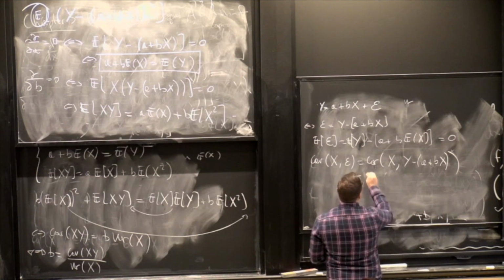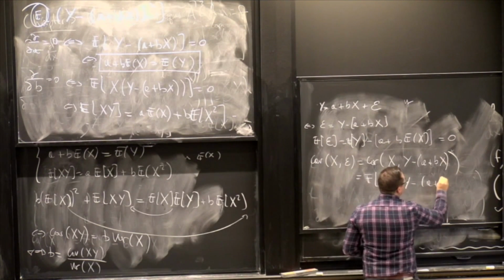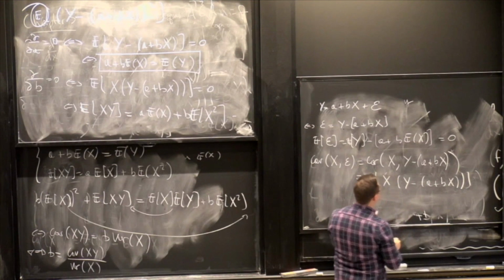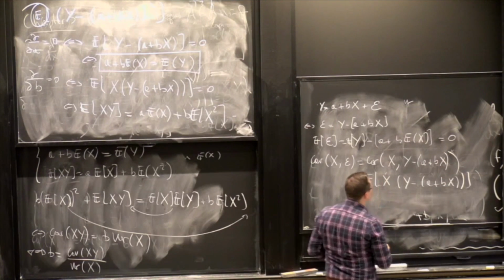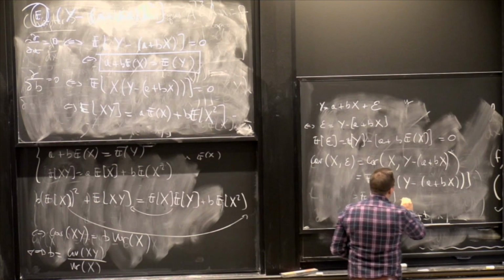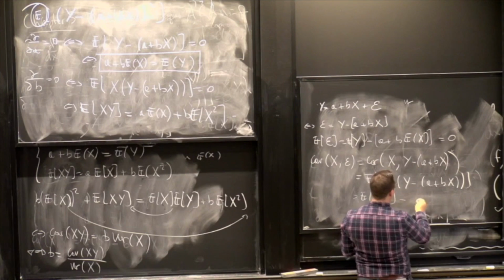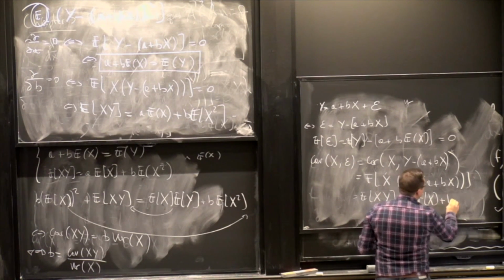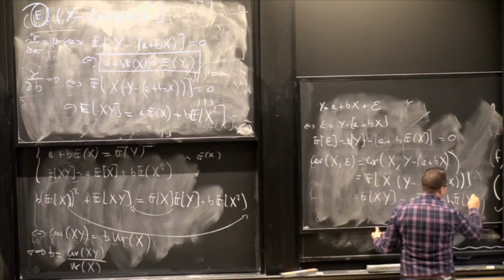So this is actually equal to the expectation of x times y minus (a plus bx). Right? The covariance is equal to the product just because this right-hand side is actually centered. So this is the expectation of x times y minus the expectation of a times x, a times the expectation of x, plus b minus b times the expectation of x squared.